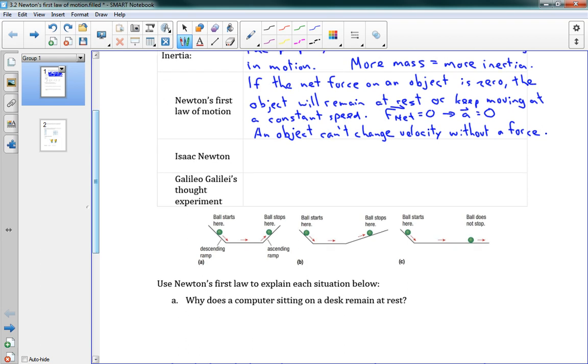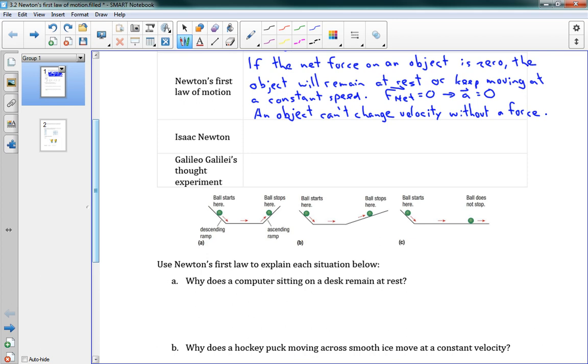Okay, so who is this Isaac Newton guy? Well, he was born in 1642. And that's the same year that a famous physicist called Galileo died. And that's going to come up in a second.